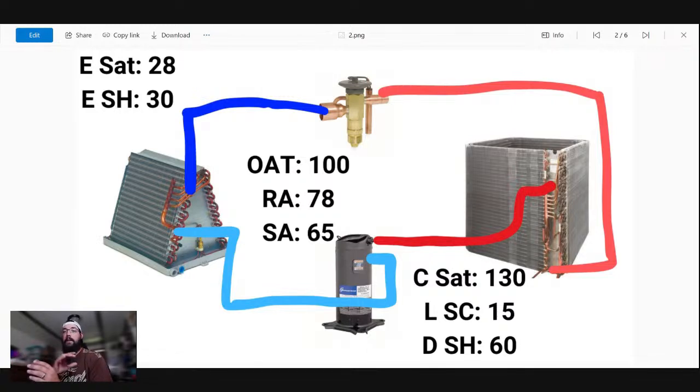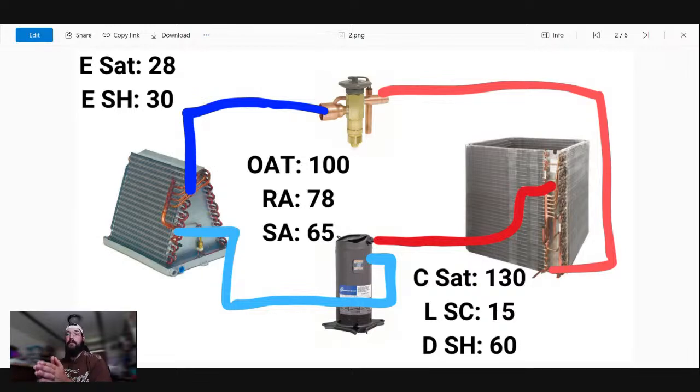So discharge superheat, in a real short synopsis, is the heat that your condenser has to de-superheat. One of the things discharge superheat can help us determine is what's happening in the compressor. If we start running excessive discharge superheats, it can help us identify if there is a problem, whether it be mechanical or electrical, or if it's just not getting cooled properly.